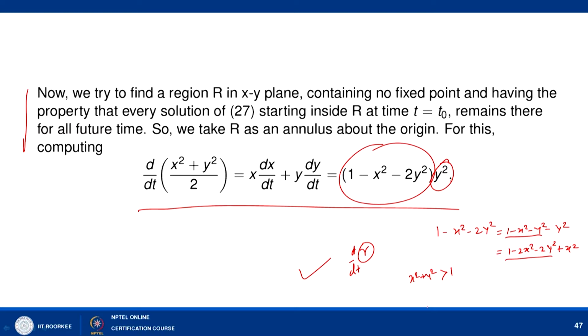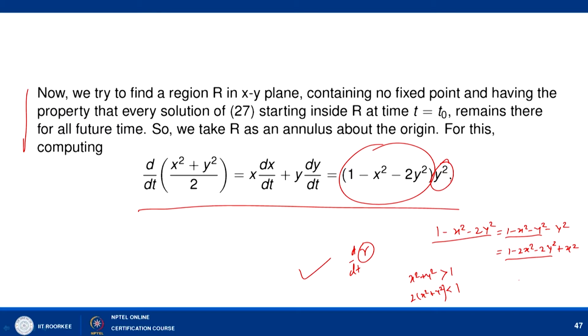Now, this other quantity is positive when 2 times (x square plus y square) is less than 1. So, we can simply say that if x square plus y square is bigger than 1, this will be negative, and if 2 times (x square plus y square) is less than 1, then it is always positive.